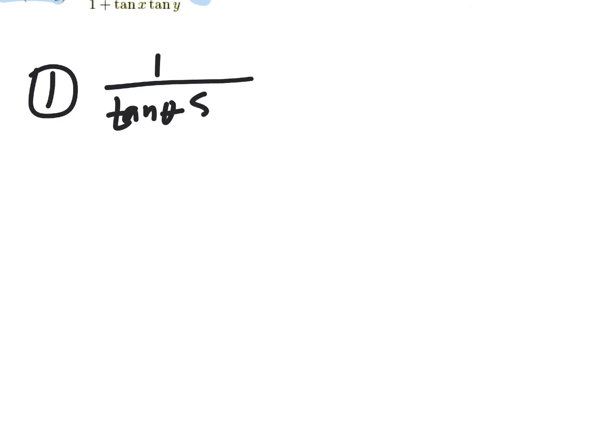Okay? All right, so here's question 1. I would ask that you do write these down and leave yourself plenty of room to work them. Okay? Because if you just write the problems down and leave no space, how are you going to do them? All right, so here's your first one. 1 over tangent theta, sine theta, and cosine theta.